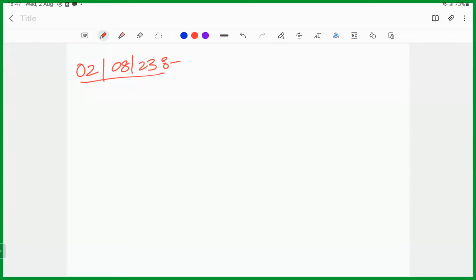The constant value is called the refractive index of the second medium with respect to the first, which means N2 by N1. N2 is the refractive index of the second medium, N1 is the refractive index of the first medium. So sin i by sin r equals N2 by N1.